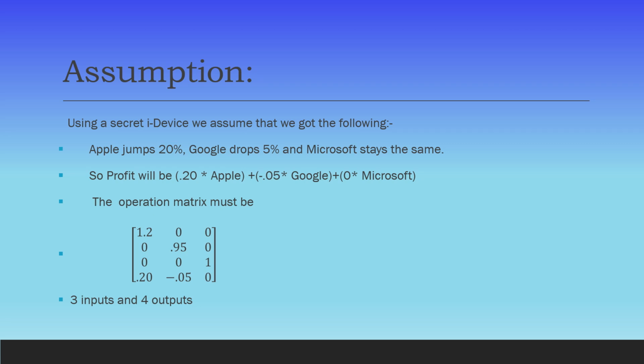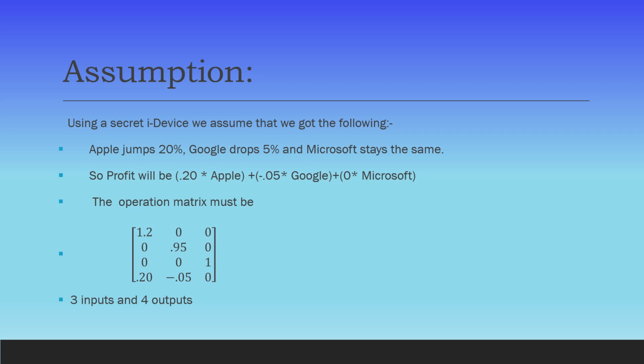The profit will be 0.20 times whatever portfolio they have in Apple, plus negative 0.05 times whatever portfolio they have in Google, plus 0 times the portfolio in Microsoft, since Microsoft stays the same. So the operation matrix will be 1.20, 0, 0.20; 0, 0.95, negative 0.05; 0, 0, 1, 0.